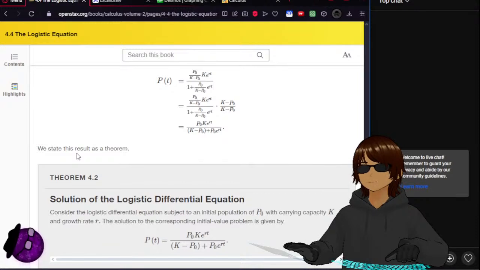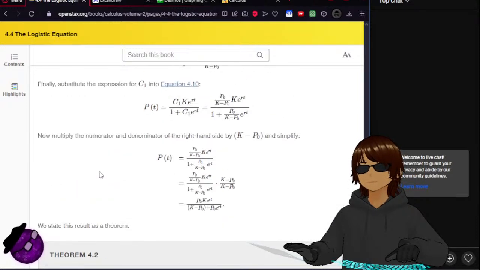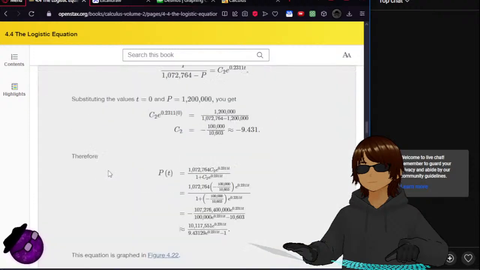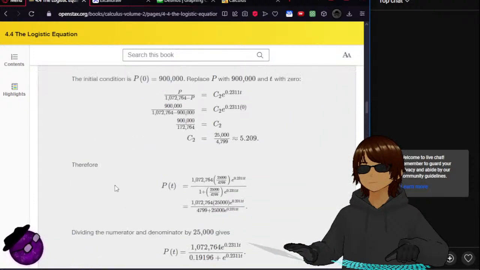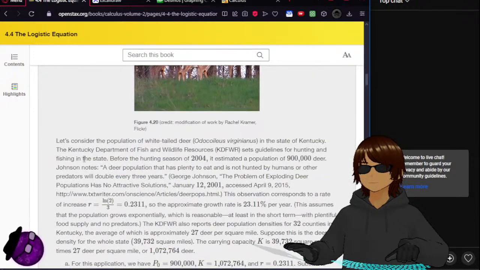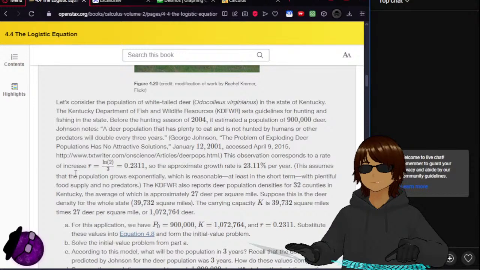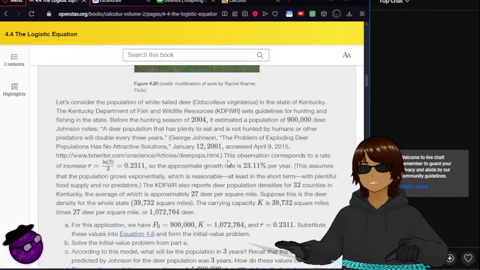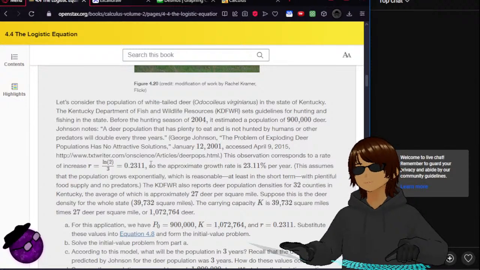We state this result as a theorem. But how do we, growth rate isn't a constant, right? I mean, it's a constant, but it doesn't represent the exact growth rate.